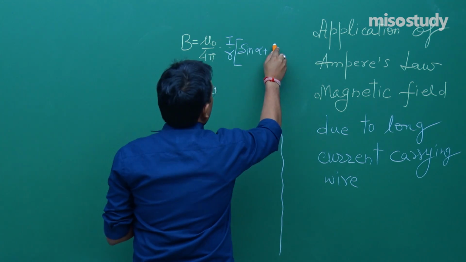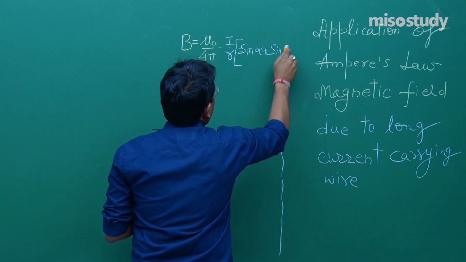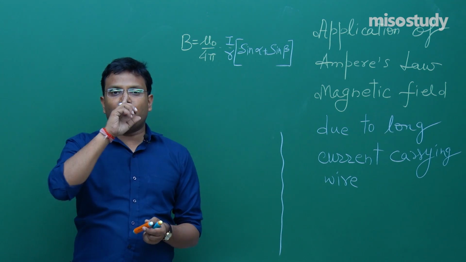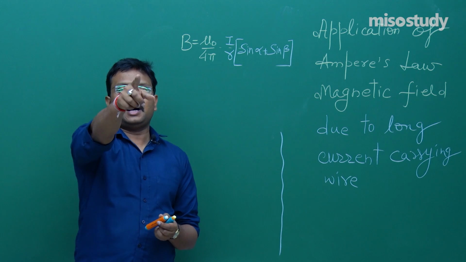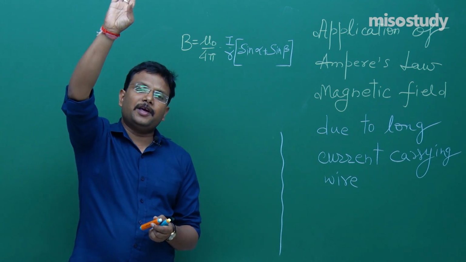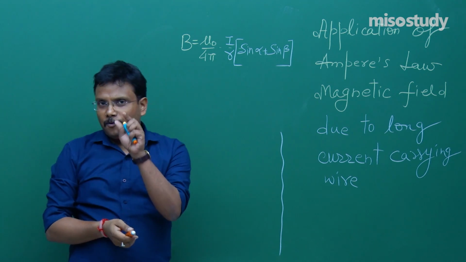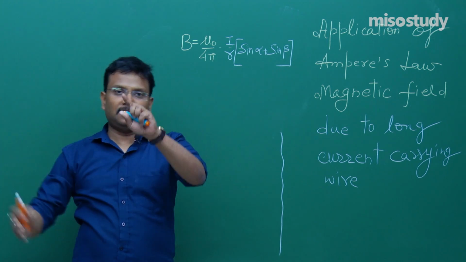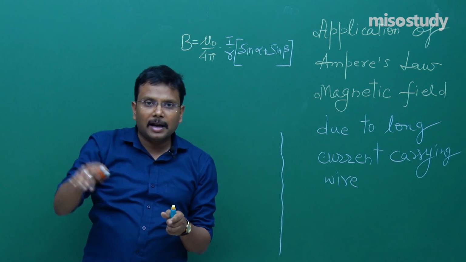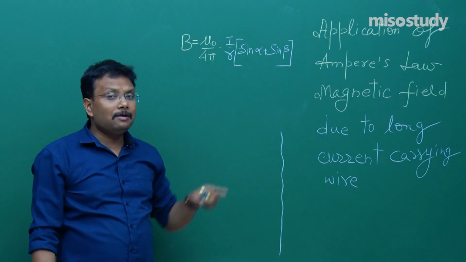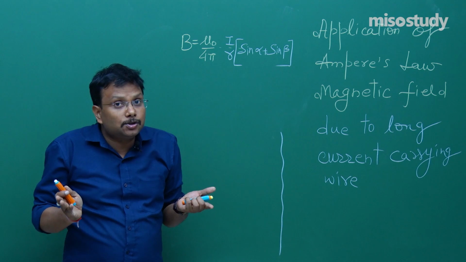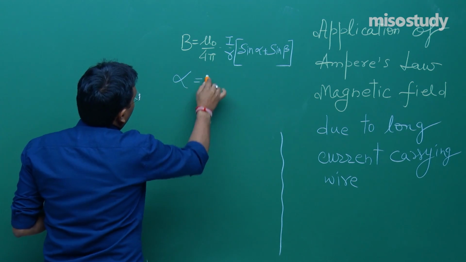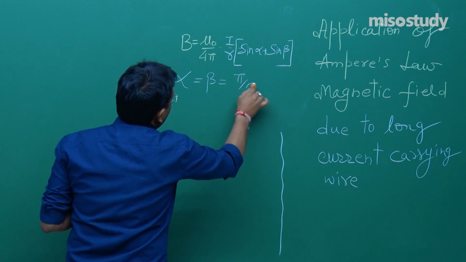Now, infinite means, let us say a wire is going in front of my eyes till a very large distance. So, for any point, if I am watching like this, I can say the point is situated this way, up, down, anywhere like that. So, the value for alpha and beta is pi by 2. So, alpha is equal to beta is equal to pi by 2.